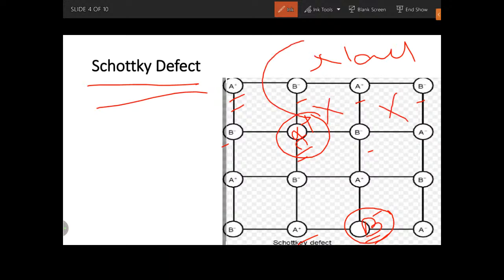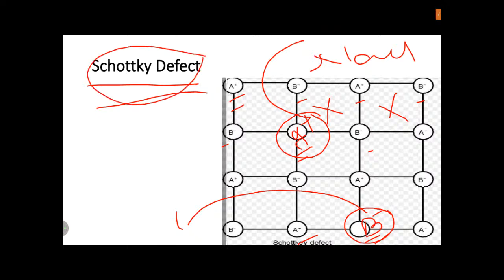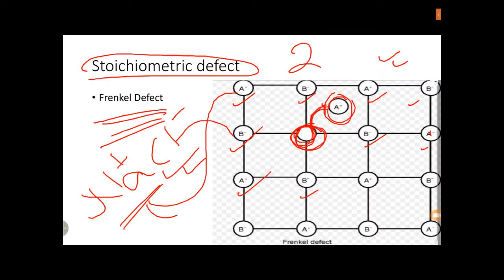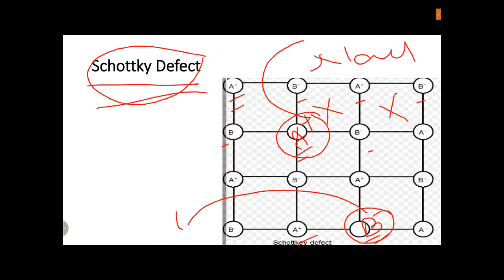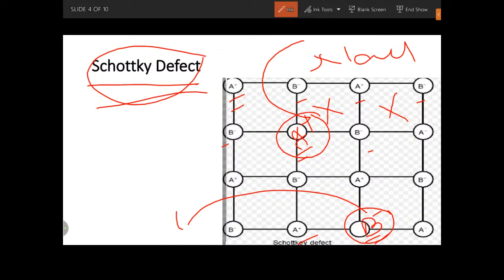They are lost out from the crystal. This kind of defect is known as Schottky defect. Once again, in Frenkel defect the ion is displaced and you will find it in the interstitial site, but in Schottky defect it is lost permanently. So these are the two kinds of defects.